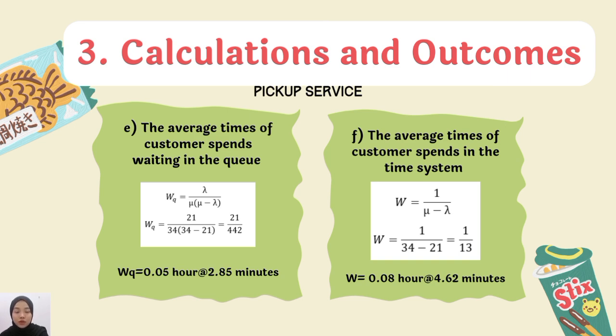And lastly, to calculate the average time customers spend in the system, we can use the formula W equal to 1 over mu minus lambda, and we substitute the values of mu and lambda into the equation, and the final answer will be W equal to 1 over 13, which is 0.08 hours or 4.62 minutes.